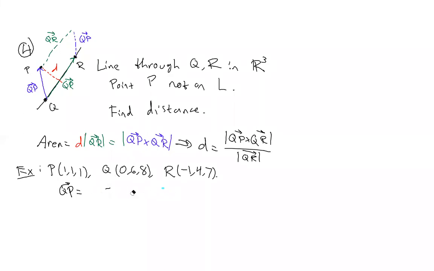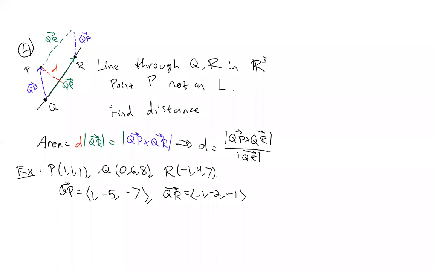It ends up not mattering because you're taking magnitudes, and magnitudes eliminate negatives, but in the interest of consistency, 1 minus 0 is 1, 1 minus 6 is -5, 1 minus 8 is -7, and QR, meanwhile, -1 minus 0 is -1, 4 minus 6 is -2, 7 minus 8 is -1.